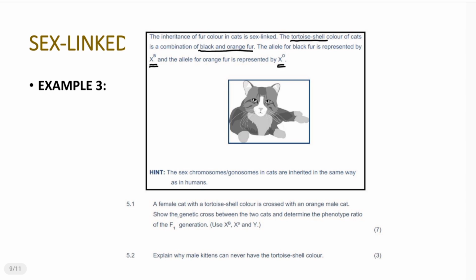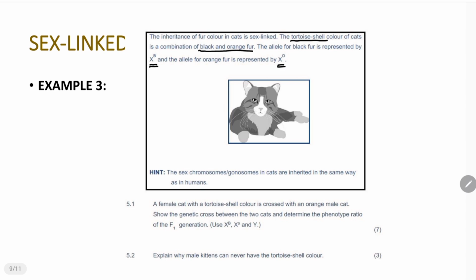5.1. They say that a female cat with a tortoise shell is crossed with an orange male. Show the genetic cross between the two cats and determine the phenotype ratio of the F1 generation. Use X^B, X^O, and Y. Okay, so it is a female with tortoise shell. Let's remember that tortoise shell, they said, is a combination of black and orange.